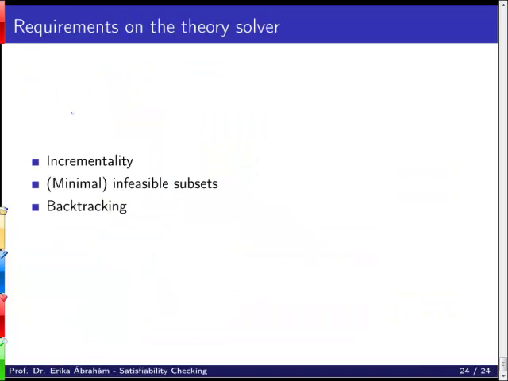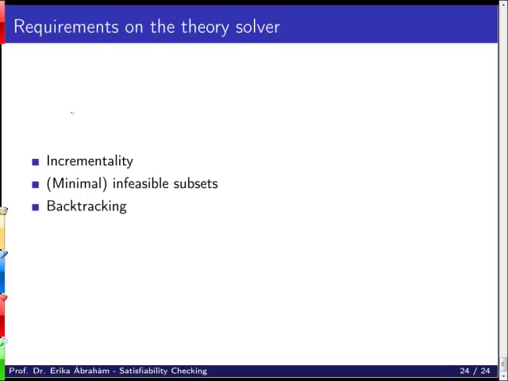So these three requirements: incrementality, backtracking, and generating infeasible subsets, where minimal infeasible subsets are the best. We will only discuss minimal infeasible subsets for explanations, but there are also theory solvers which give an explanation which is not a subset of the constraints it got, but contains new constraints.